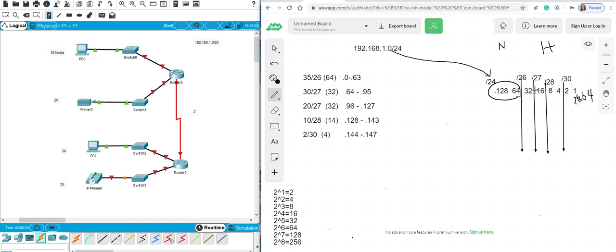Then on the next one, you had /27, so that'd be 128, 64, and 32. So that'd be all three. And then the next one would be 128, 64, 32, and 16. And then the next one would extend out. I'm sorry, that should be coming around the 4 there. So that's how you figure out your mask.